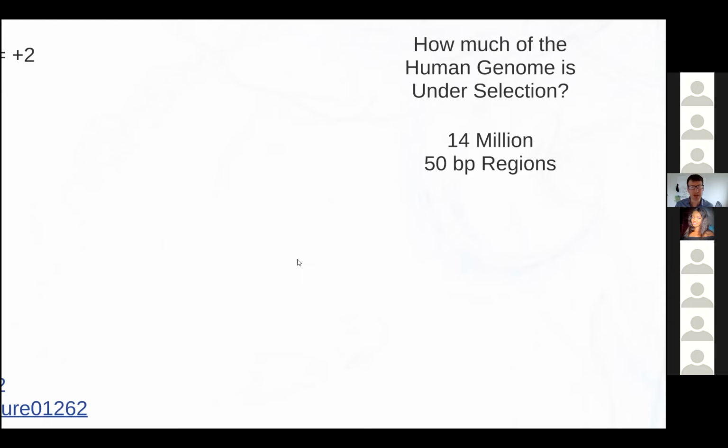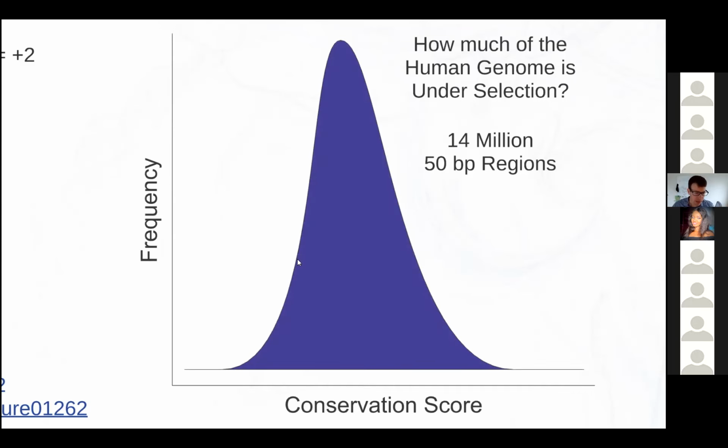And they took about 10 to 20 million of these 50 base pair regions, sprinkled throughout the genomes of both human and mouse. And so this is what they saw. The conservation score is something akin to what I just showed you. And of all those 14 million regions, you get a peak in this conservation score, and then there are some tails.